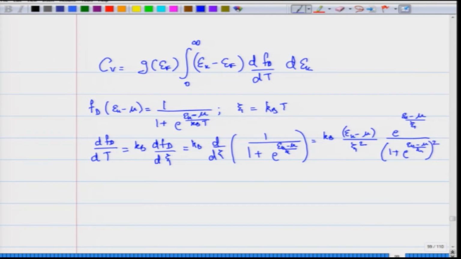You can just check it, it is very easy to take the derivative of this. You will get the derivative of this expression, and then if you take the derivative of this, you will get this term.